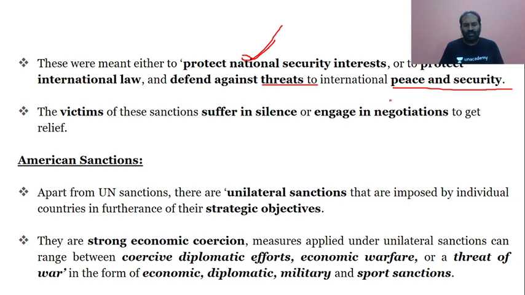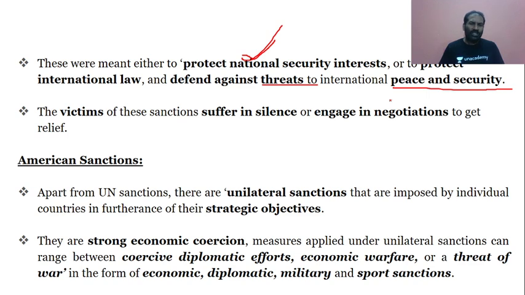Please do understand the way I'm trying to link it with the analytical prelims point of view. The sanctions would be imposed based on: first statement, to protect national security interest; second statement, to protect international laws; and the third statement, to defend against threats to international peace and security.